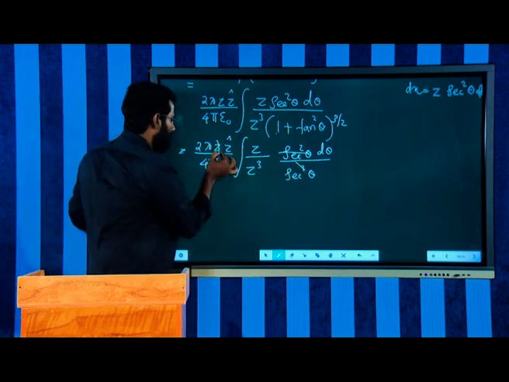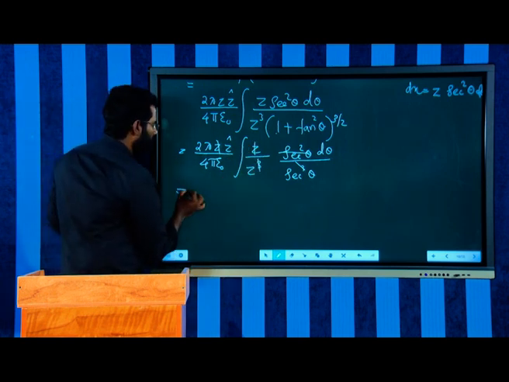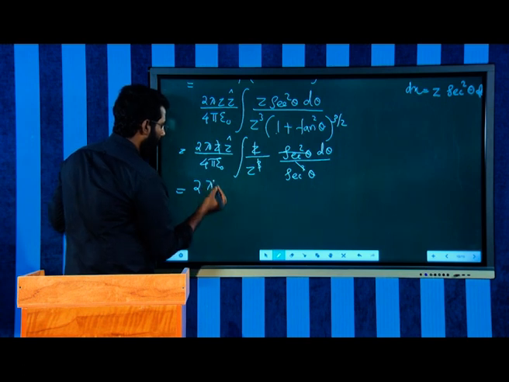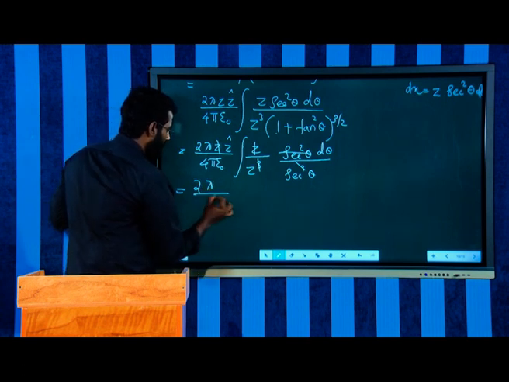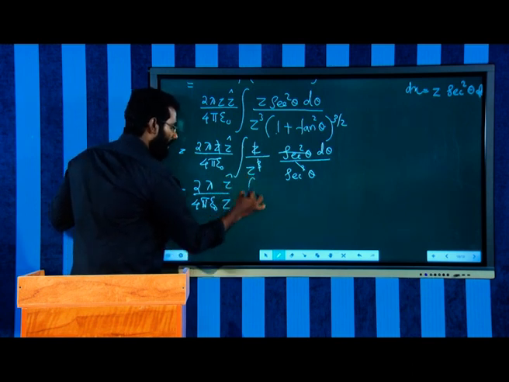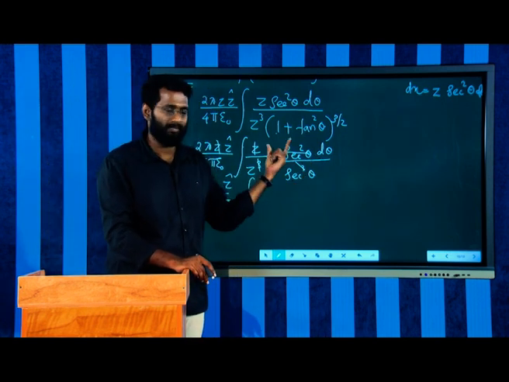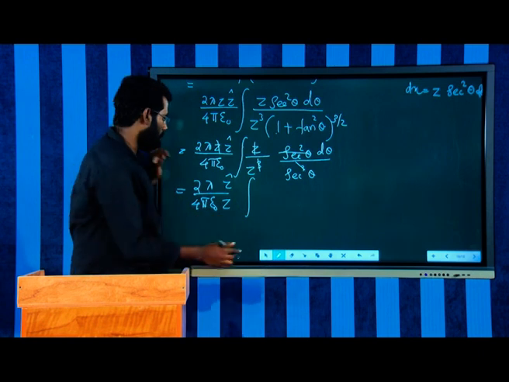Now, here is a z, there is a z, we can cancel it with z cube. What is remaining? 2 lambda by 4 pi epsilon 0, this z can be taken outside, into z cap into integral. What is the integral? D theta divided by sec theta. What is 1 by sec theta? That is cos theta.